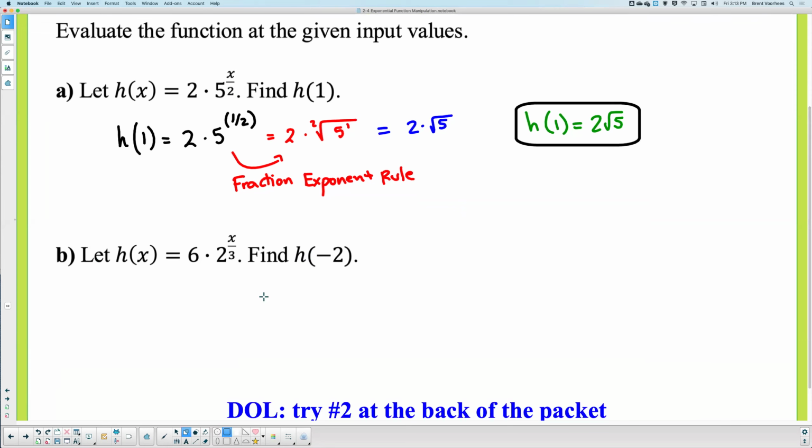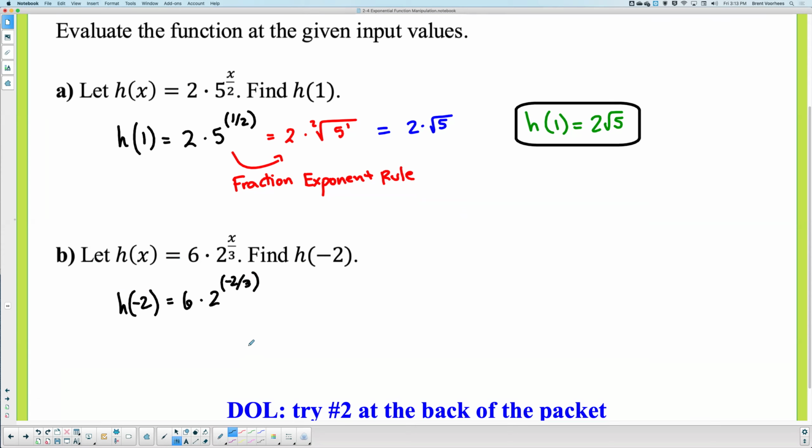All right, now the second exponential equation here, if I want to evaluate this at -2, I would say h of -2 equals 6 times 2 raised to the power of, and again, I'll do parentheses here, the -2/3.